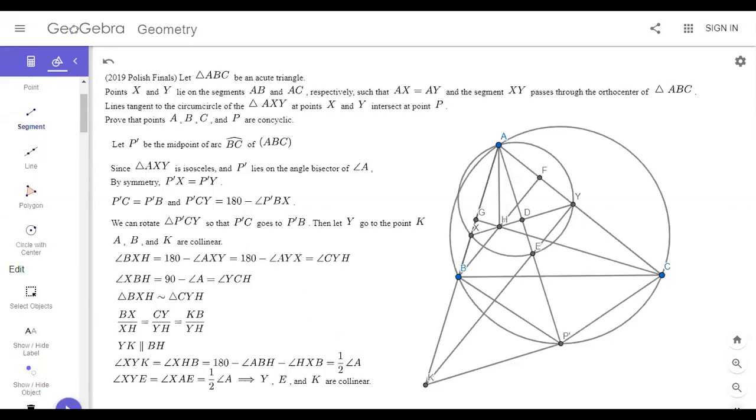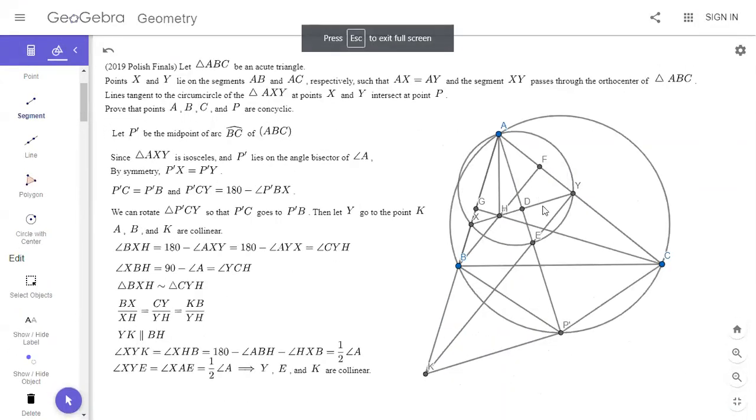Okay, so where was I trying to go with this? So Y, E, and K are collinear. And so I wanted to show AP prime X was similar to KXY, I believe.